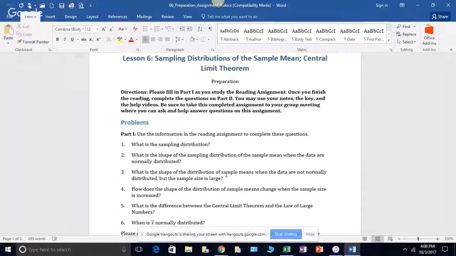All right. Number 4. How does the shape of the distribution of sample means change when the sample size is increased? From what I understand, I'm not quite sure.